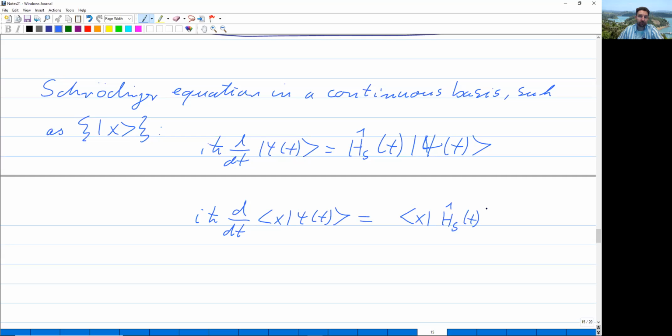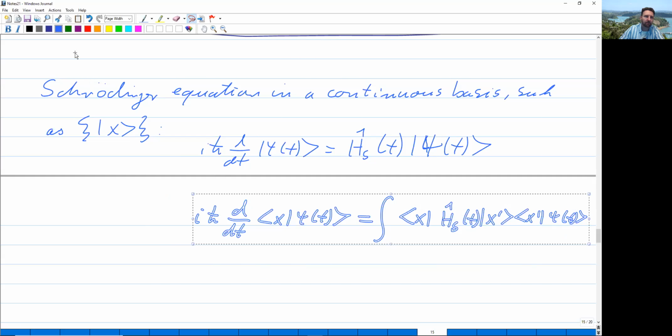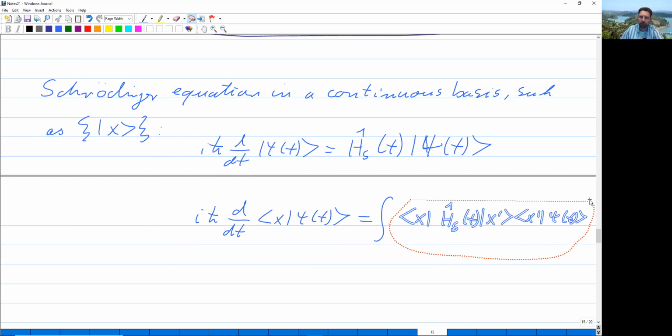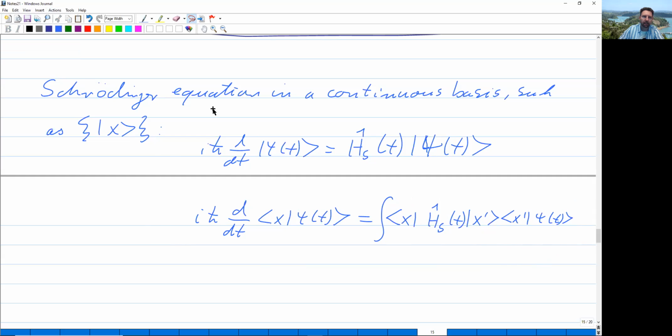And here we could just write psi of t again, but let's again insert a resolution of the identity, the integral of x prime x prime psi of t. Okay, now I can put a dx prime there.